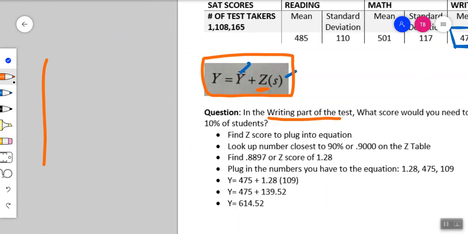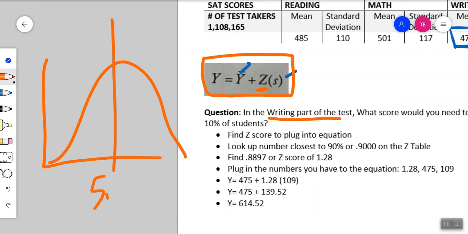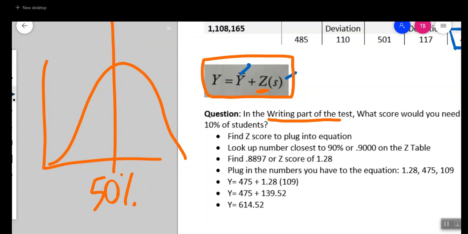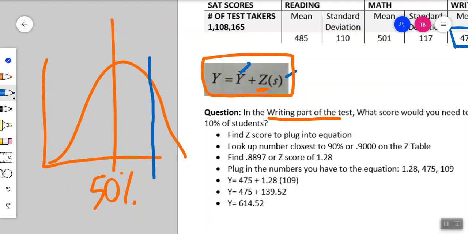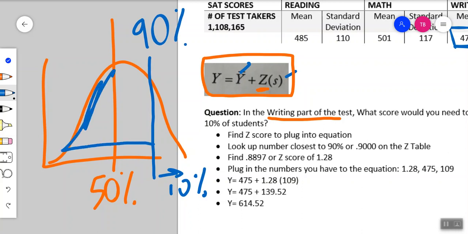we'll draw this out again. So we know this is 50% here, and we're looking for the top 10%, this one. So this equals 10%. That means this score here is going to have to be 90%, right? 90% is this area right here.